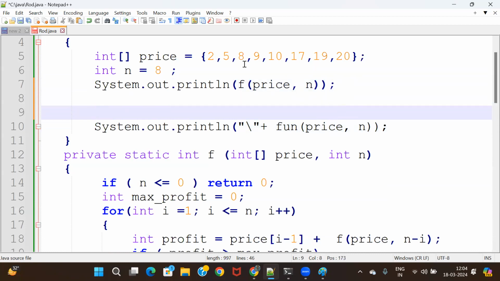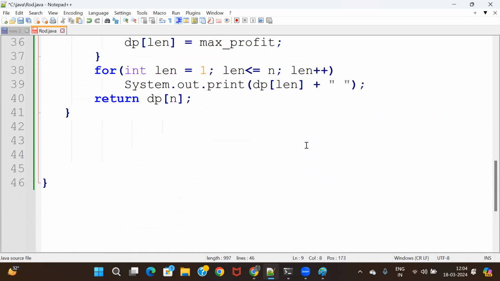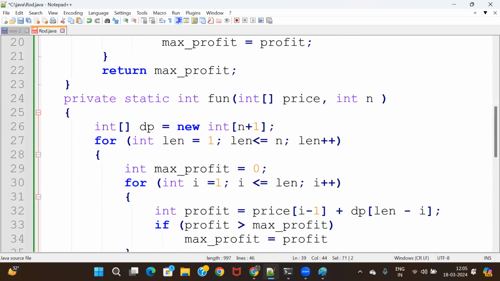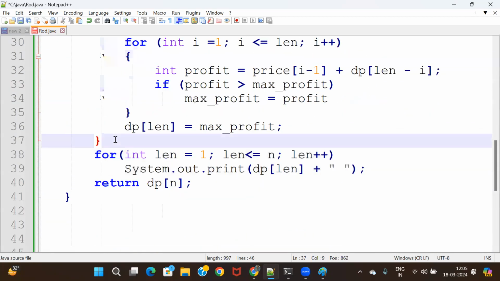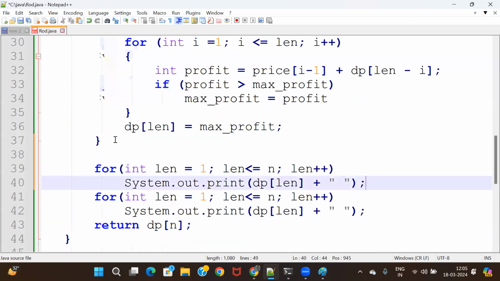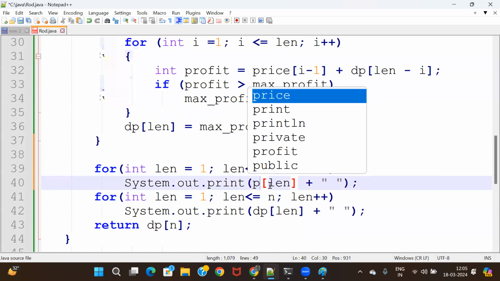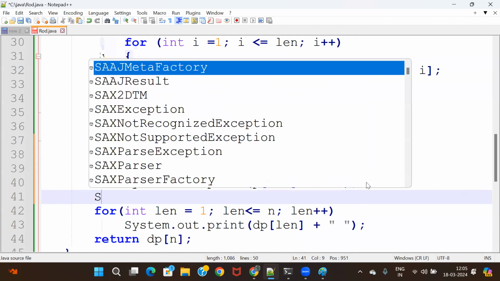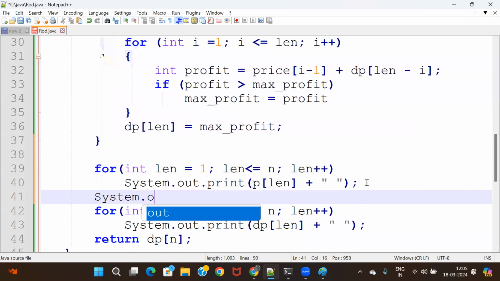Also print the price list, which helps you to compare. So print here only the price of every length. Okay. Again, a new line between them.